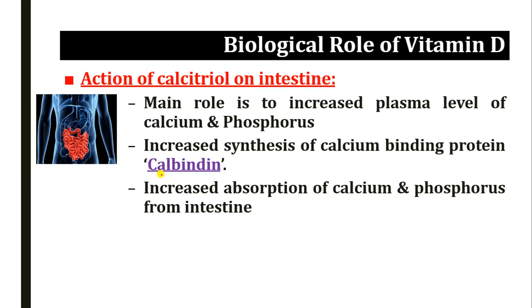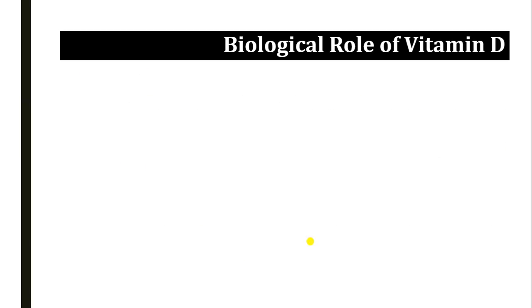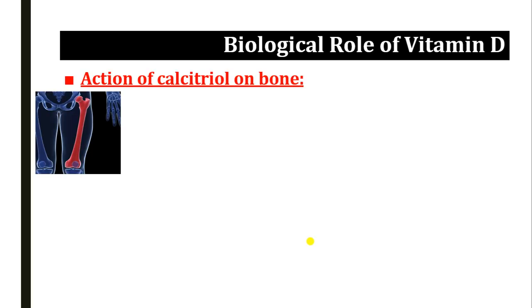And this calbindin protein helps in the absorption of calcium, as well as it also increases the absorption of phosphorus from the intestine. Calcitriol also lowers the pH to facilitate the absorption of calcium and phosphorus. So it is the role of calcitriol on intestine.